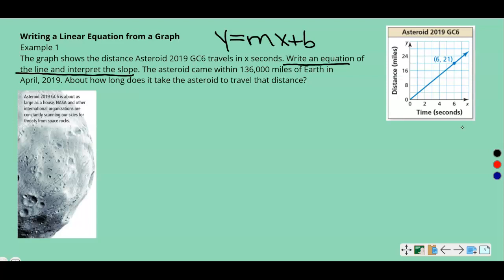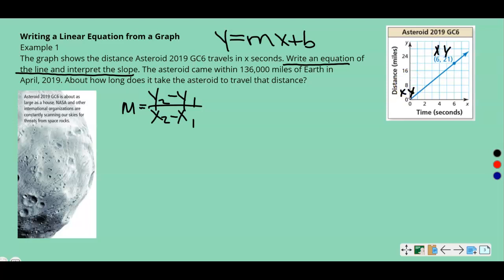So your slope formula, remember, that's y2 minus y1 over x2 minus x1. So this is from Algebra 1, but you are supposed to still remember it. So a little review won't hurt. This is my x and my y from my first point, and this is an x and a y from my second point.